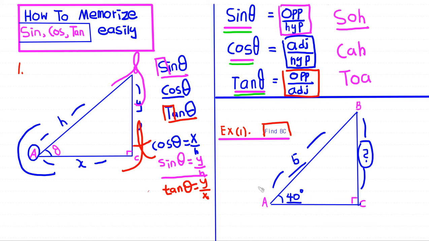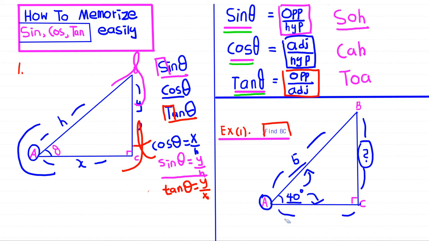If we use cosine, with the center angle A, we know that cosine is equal to adjacent side over hypotenuse. We know the value of the hypotenuse, which is 5, but we don't know AC. So that means we cannot apply cosine.